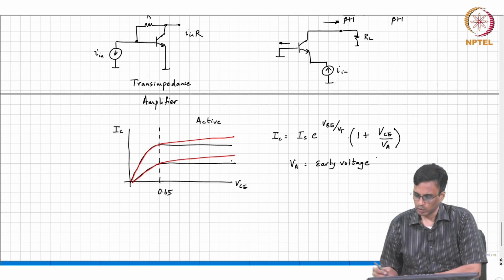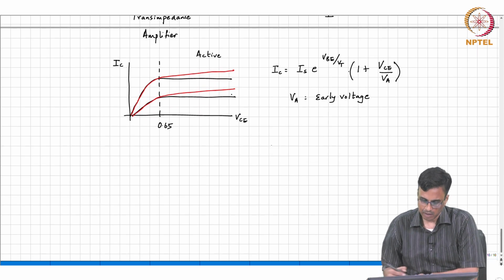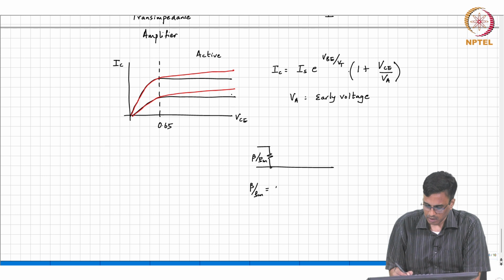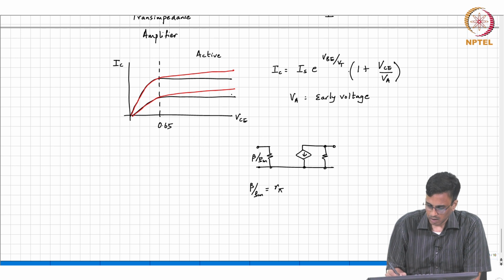So, therefore, the model for the transistor is actually this: beta over GM, which is often called R pi, this is GM VBE, this is RO.